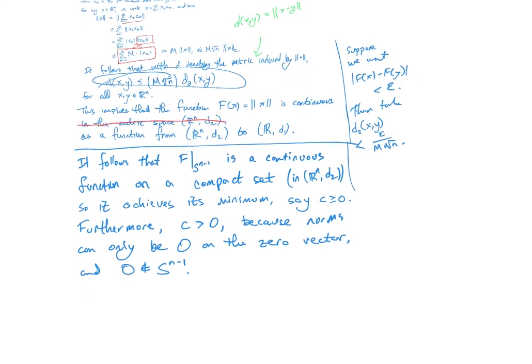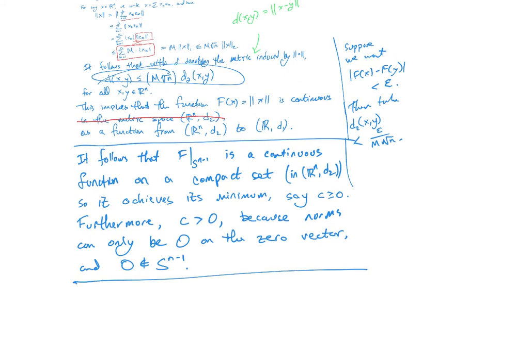So now for any x in our sphere, what did we just say? f of x, which is equal to the mystery norm, is greater than or equal to c. Now, that is what we want.